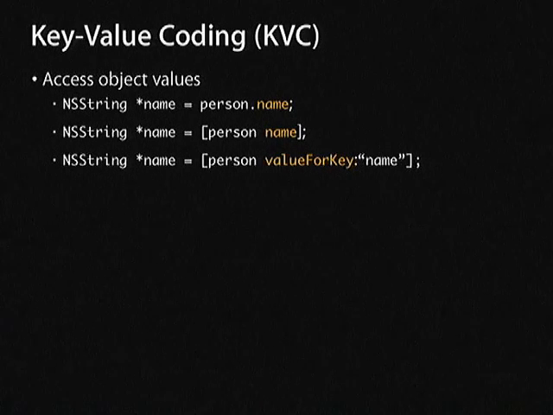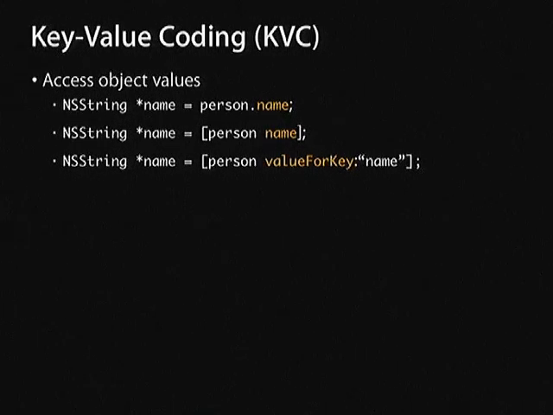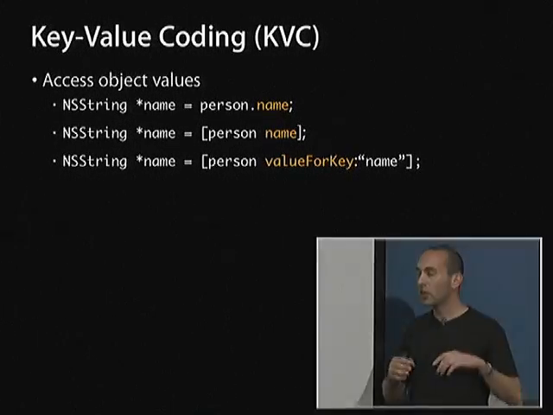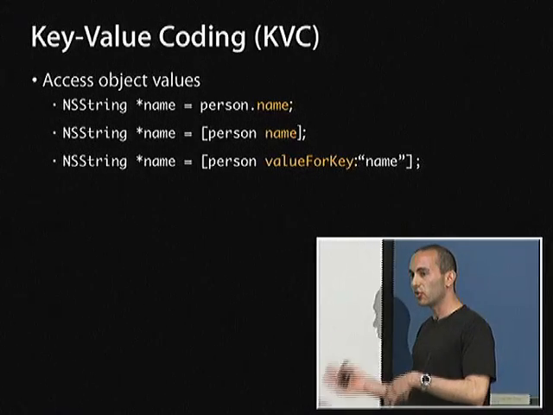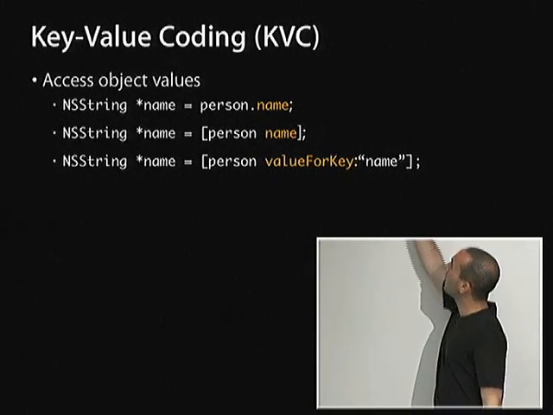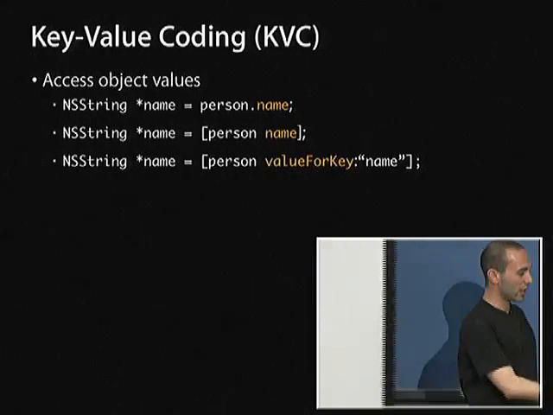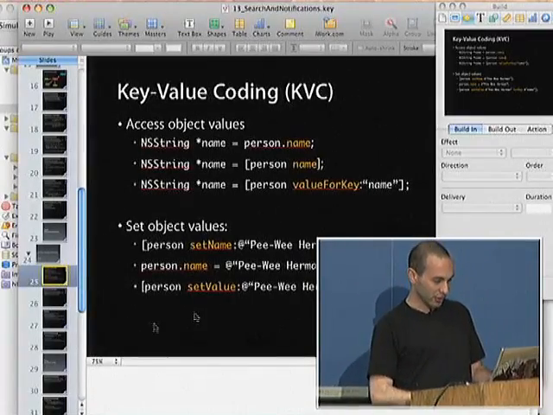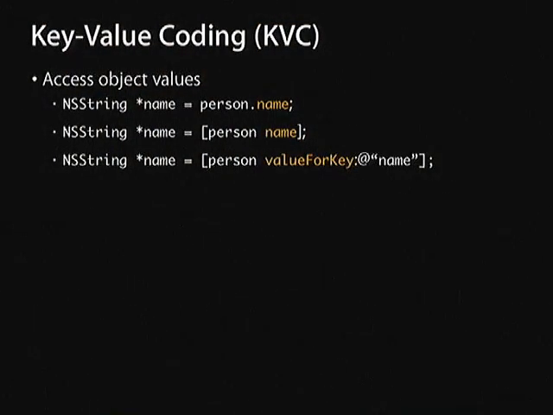So key-value coding basically says that you can ask an object for a value by a string key, and here's an example of that. So using the same, that's actually wrong. That should have a @ symbol before it. And so should the one below, which it does. So you can ask the object for a value based on a string key.